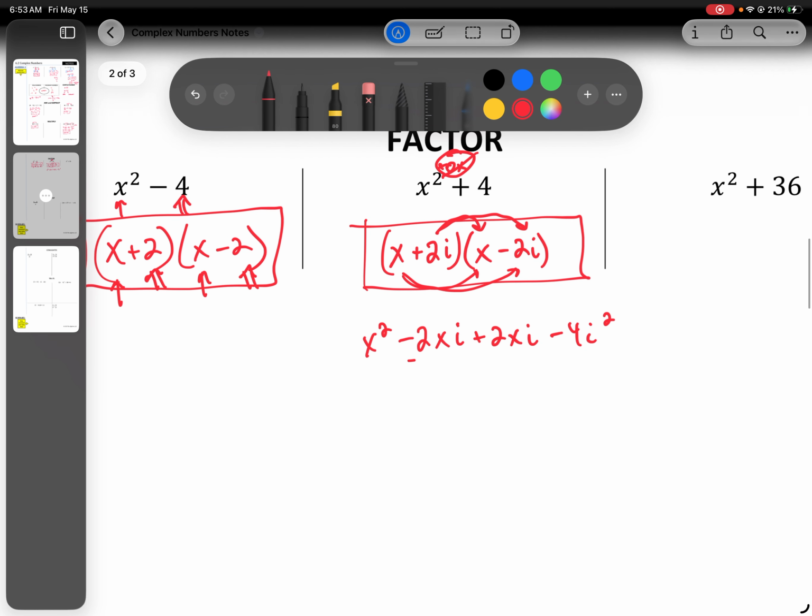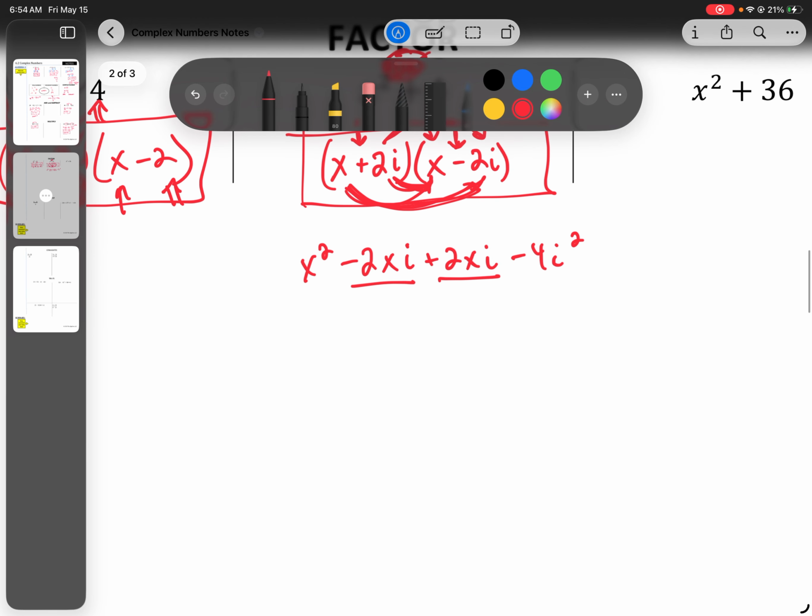So now the middle parts, that's what I was talking about here, right? When you multiply the outsides and then you multiply the insides, those are going to cancel out because you have a conjugate pair. You have the plus and you have the minus. That's what's nice about conjugate pairs. When you multiply out conjugate pairs, you don't get a trinomial. You get a binomial. So these will cancel out, and I get x squared minus 4i squared.